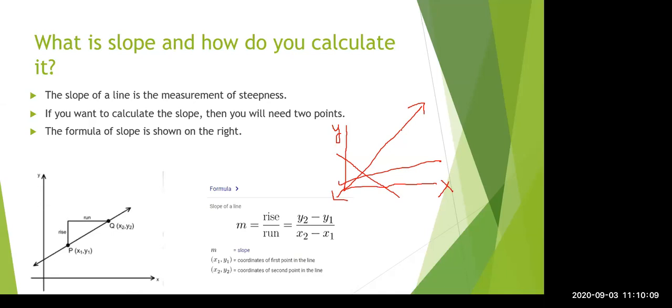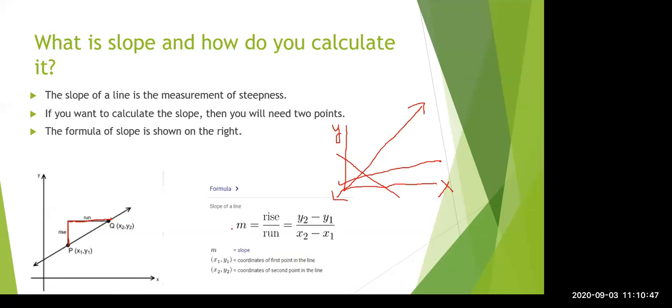Basically, for every increase of the y coordinate, how much does it go to the left or the right? What is the change in y compared to the change in x? In this example, from point P to point Q, you're rising, or increasing in the y-axis by this much, and then you're running right this many units.